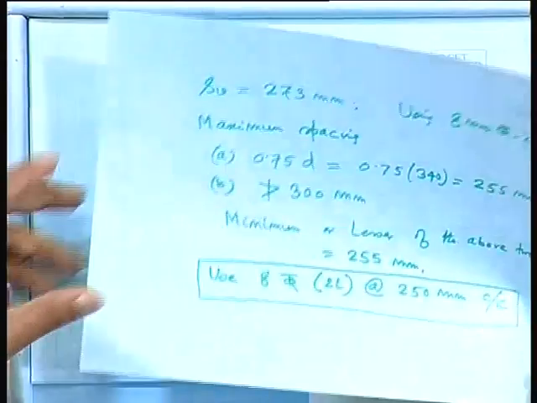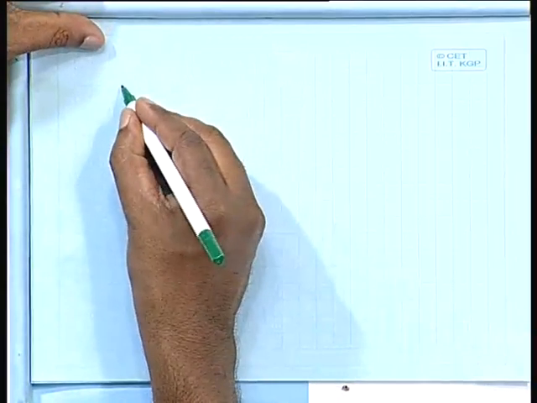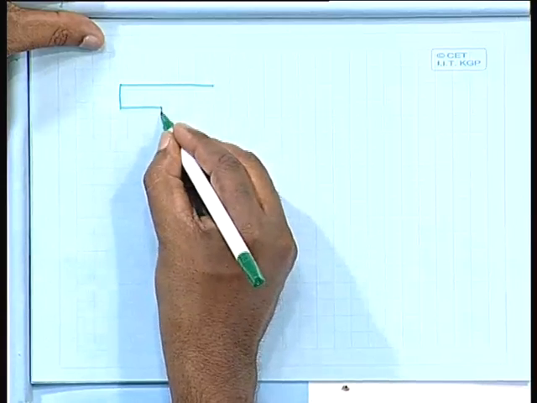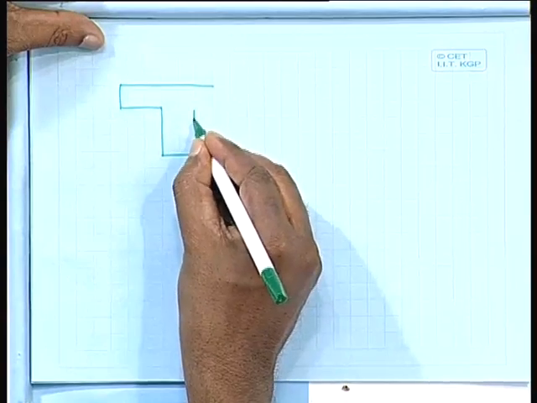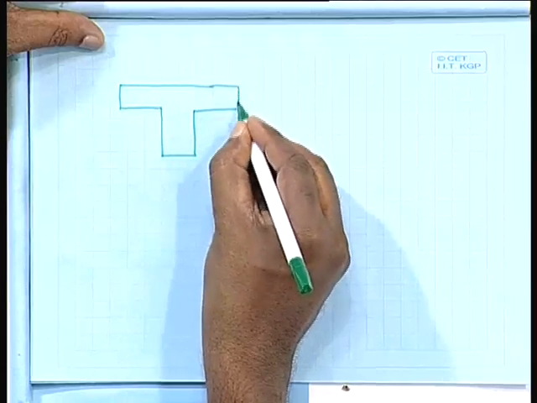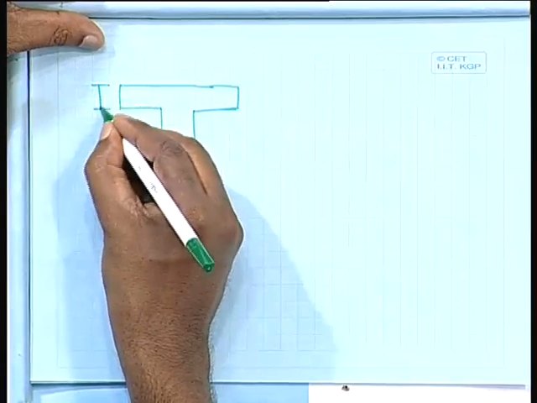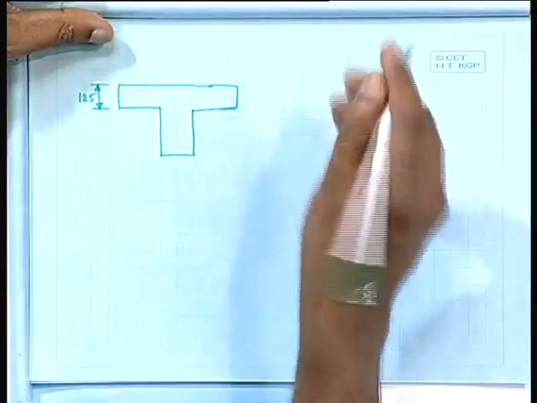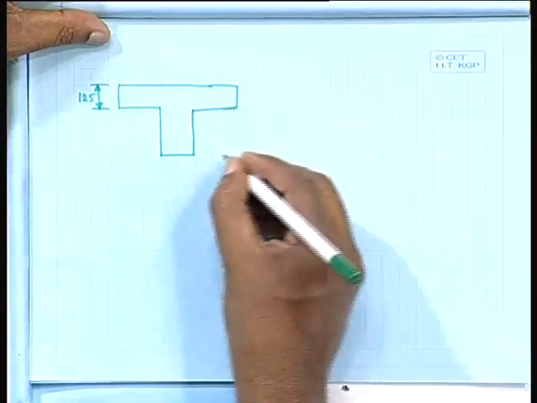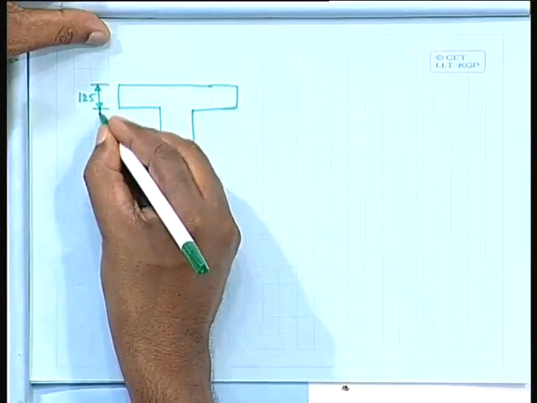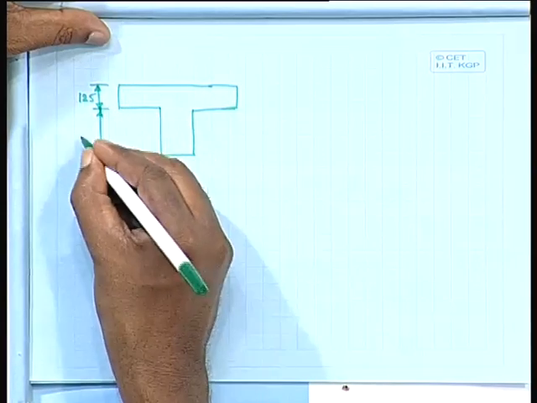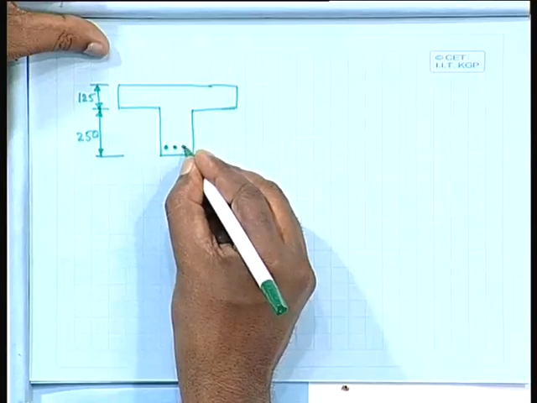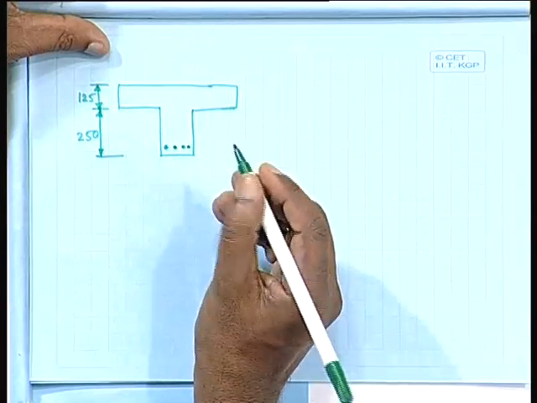So, what can we do then? We shall provide the T section. Here we have 125, and this one 250, and we have 420.